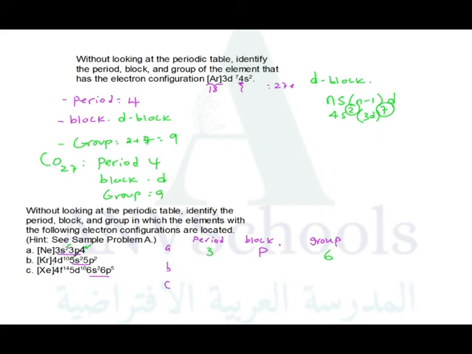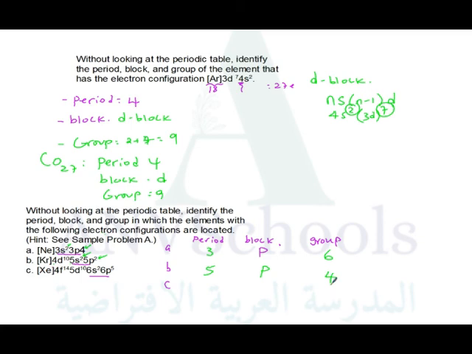The outermost shell is 5, so it is period 5, block p, and for the group, just add the electrons found in the same principal quantum number n to know the group number. So it's group 4.